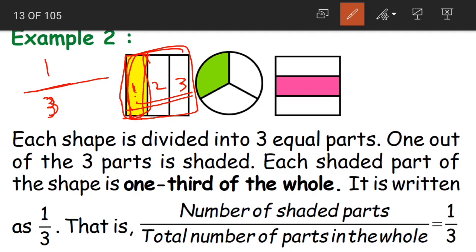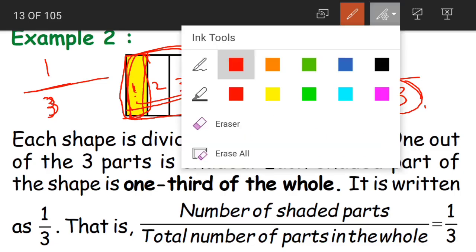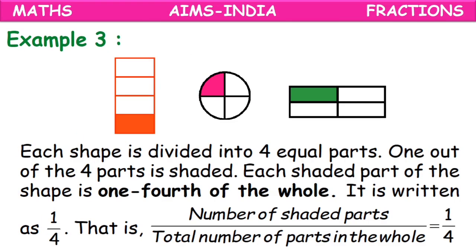See, even here, this is 1 part divided by 3 parts, so 1/3. Again, even this will be 1 divided by 3 parts, so 1/3. Understood, children, how to write the fraction for a given shaded part?